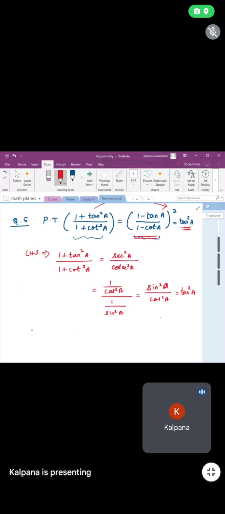So we have the whole square there. Now let LHS equal 1 minus tan A by 1 minus cot A, the whole square.